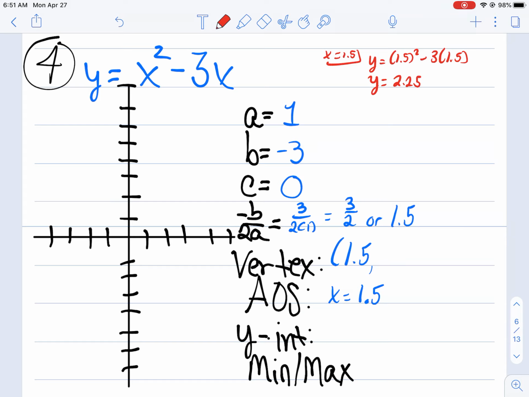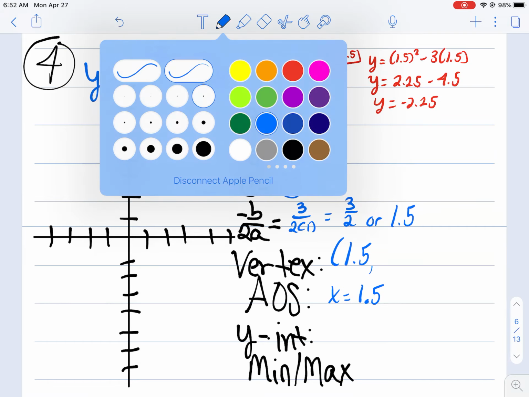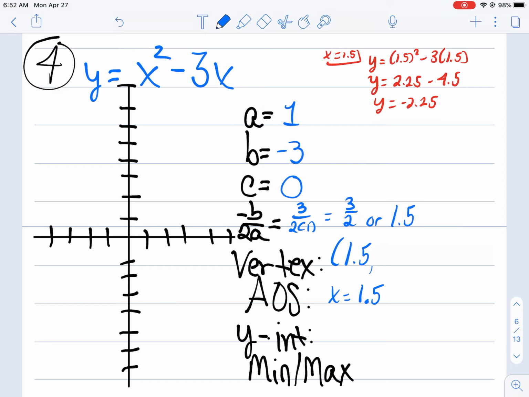And 3 times 1.5 is 4.5. When I simplify that, I get negative 2.25. All right, so we're just going to have to estimate that. Don't put a lot of effort into getting it exact. As long as your numbers are correct and your graph looks pretty close, you'll get full credit for your work. Okay, so negative 2.25, just like that.